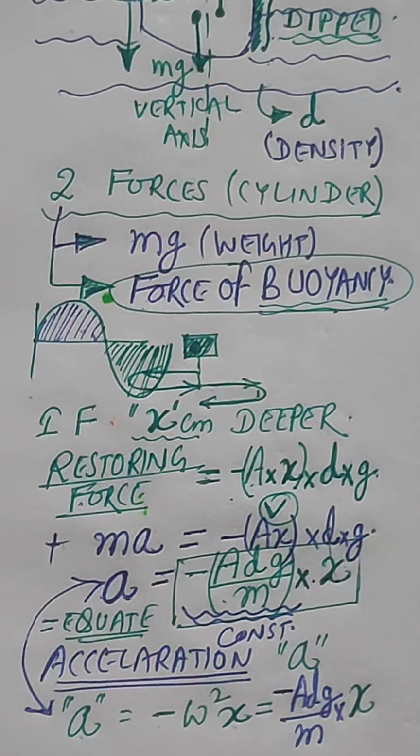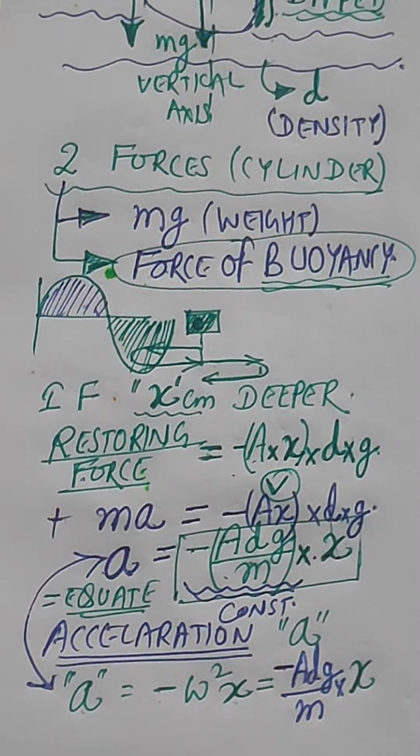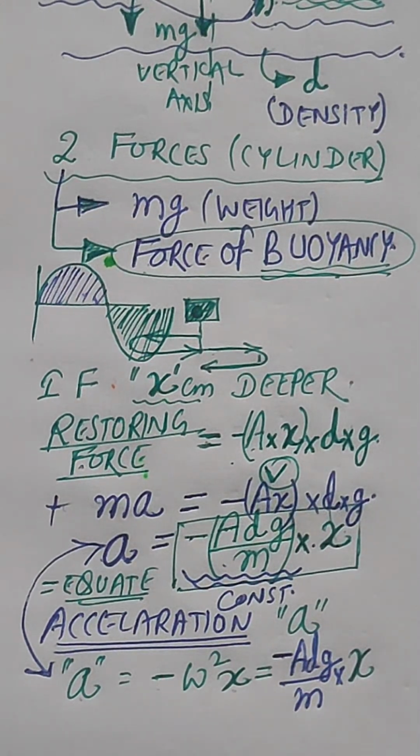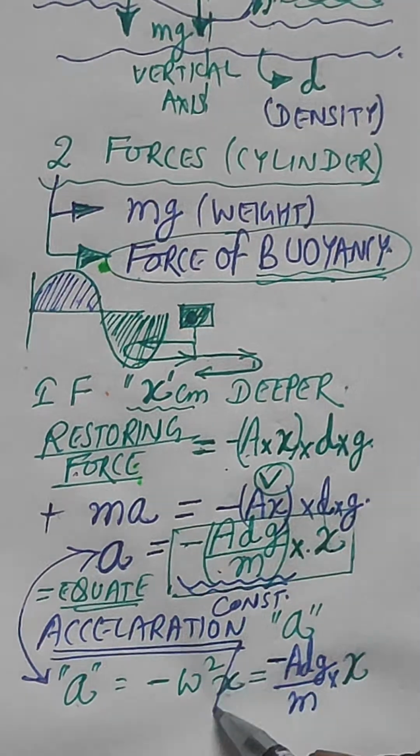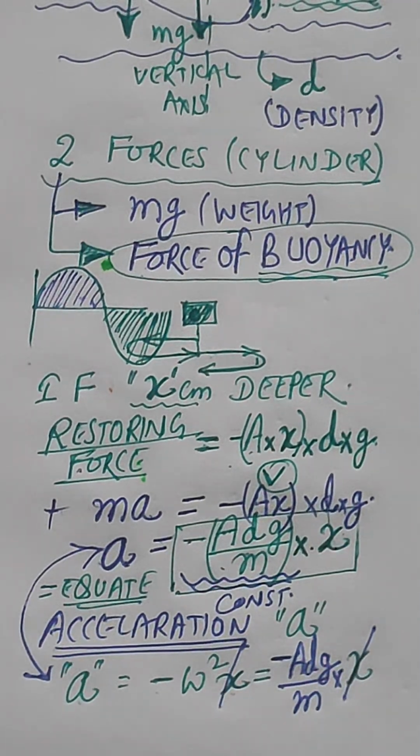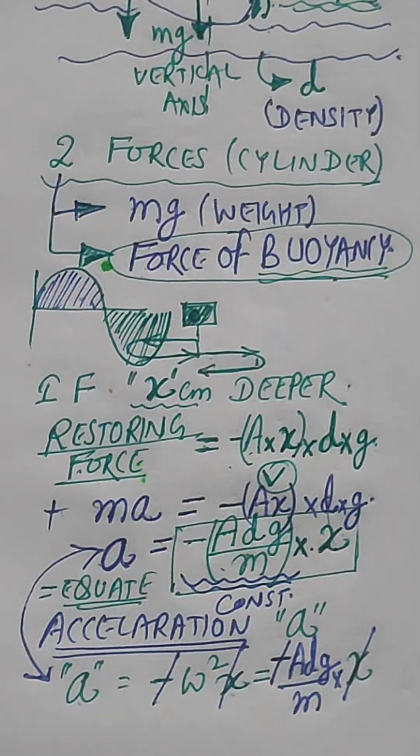Here this x and this x can be cancelled out, and this minus and this minus will be cancelled out.